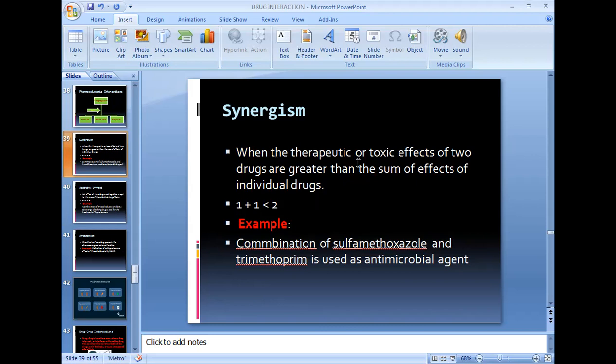When the therapeutic or toxic effect of two drugs is greater than the sum of the effects of the individual drugs, we can say that 1 plus 1 is greater than 2. For example, sulfamethoxazole when taken with trimethoprim, there will be synergism of the antimicrobial effect of these two drugs, sulfamethoxazole and trimethoprim.